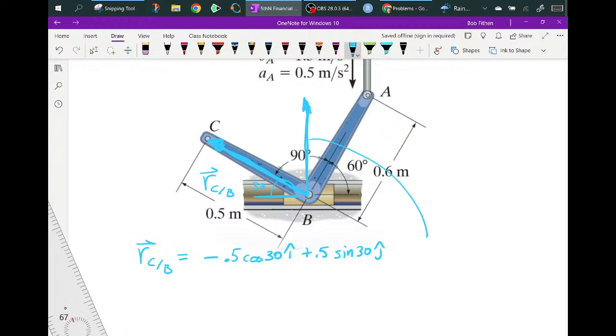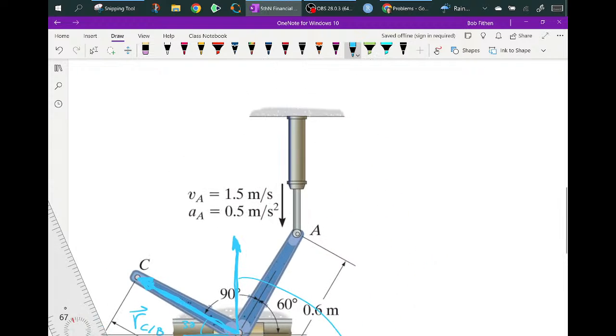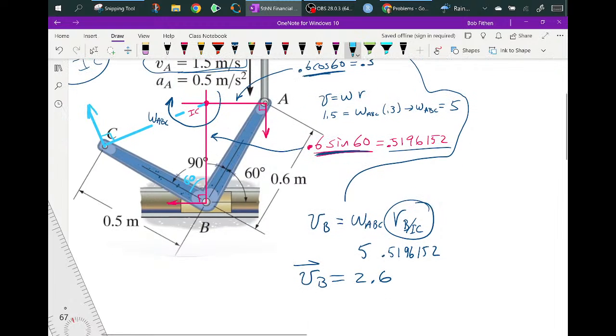Now, this vector is going to be, so that's going to be that. This vector from before, we're just going to call it RB. What did I have? Did I have a term for that? That's actually instant center.